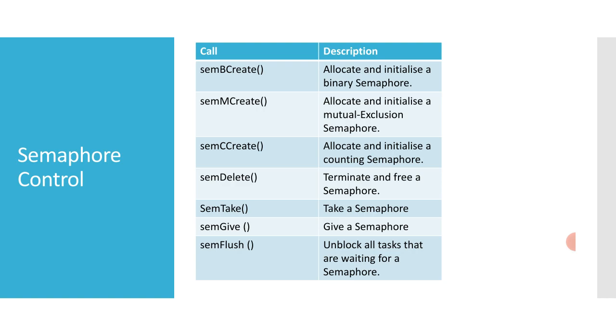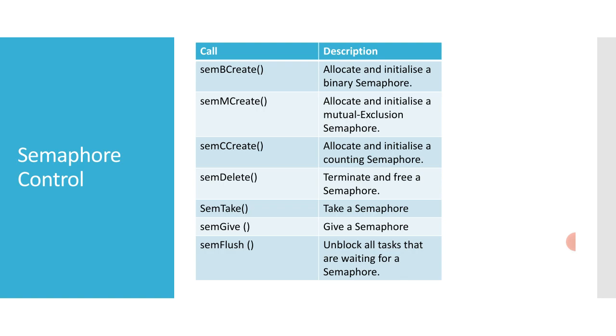When a semaphore is created, the queue type is specified. Tasks pending on a semaphore can be queued in priority order, SEM_Q_PRIORITY, which we discussed previously, or in first in first out order, that is FIFO order, SEM_Q_FIFO.